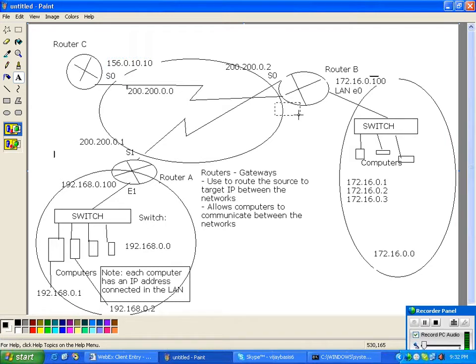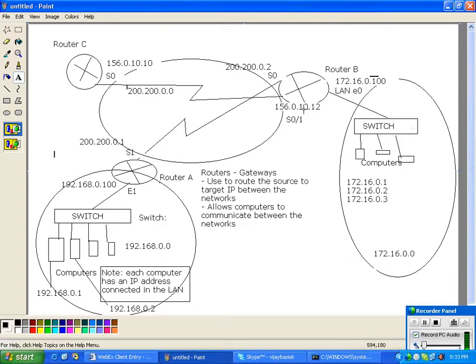This is my different network, and here 156.0.10.12. And here my serial port is S0/1. I'm just giving a different naming pattern so that you can understand. So what is this network? This network is the 156.0 network.